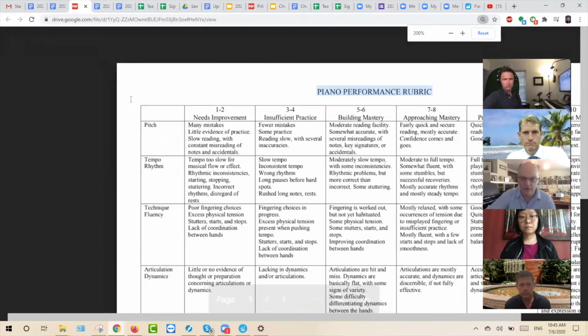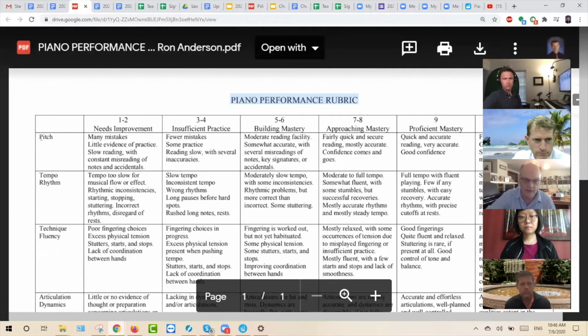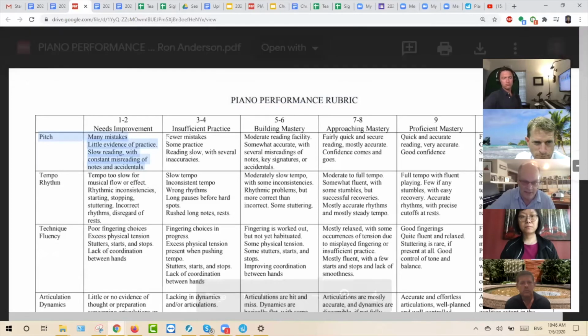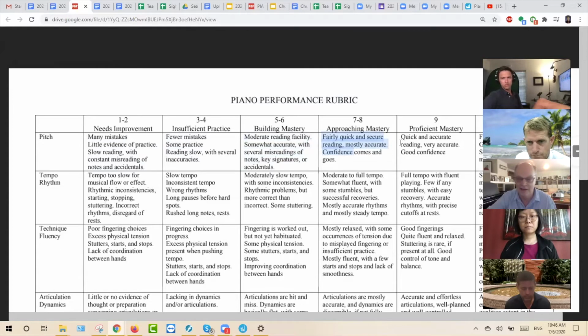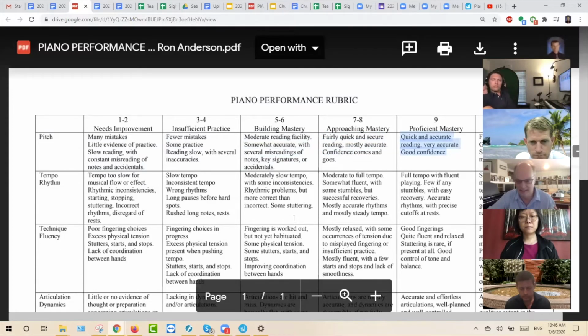As they're practicing, they're looking at the rubric and figuring out where they are in each of these different categories. I always hope that with things like pitch or technique, they can go straight to the higher levels, because if you're tense all the time when you're practicing, that's not good.